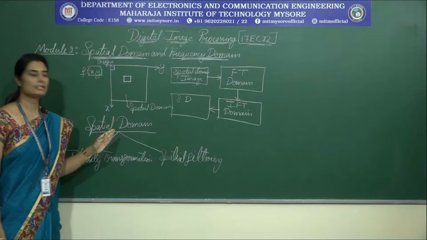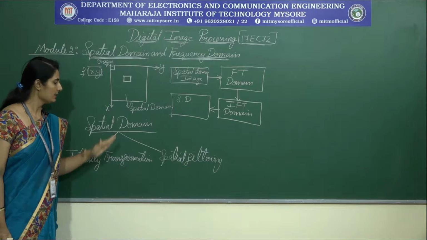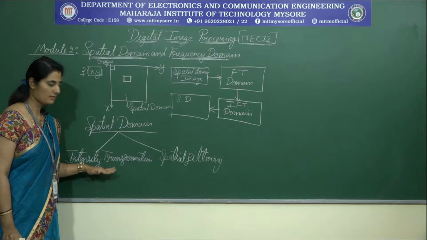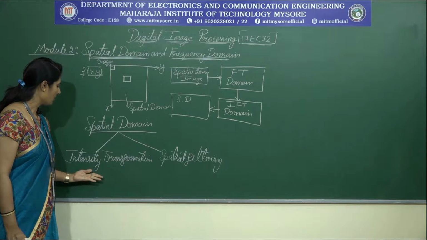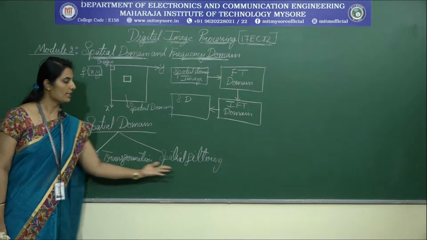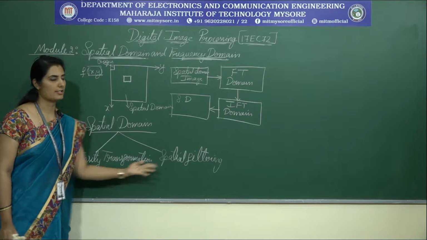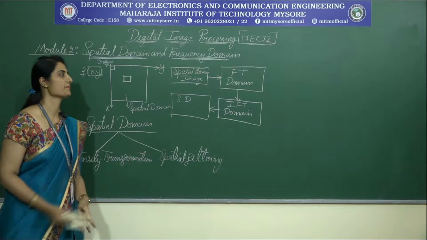So, in order to process an image in spatial domain, it is further classified into two basic principles. They are intensity transformation and spatial filtering. Now let us see what is this intensity transformation and spatial filtering.